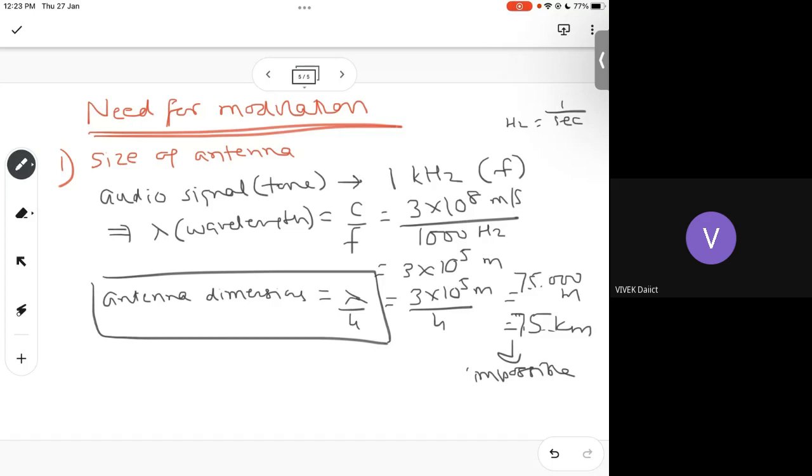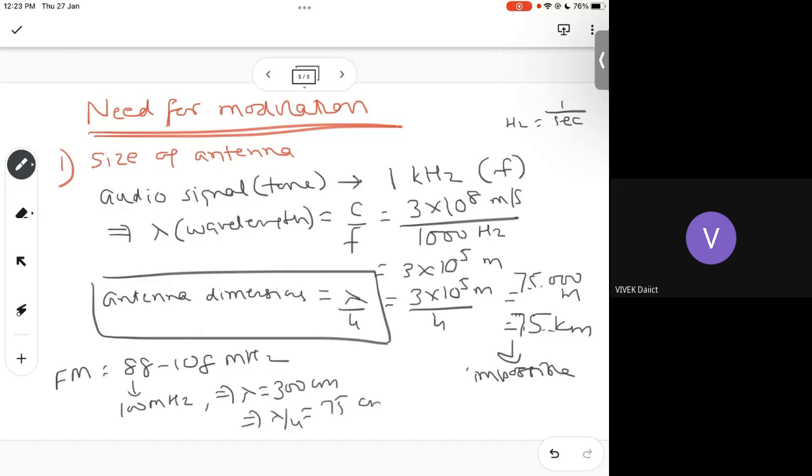Typically, if I take the FM center frequency as 100 megahertz, from 88 to 108 megahertz that we have seen, your lambda becomes 300 centimeter, and lambda by 4 becomes 75 centimeter. And that's why in your car or autos, the FM radios have a wire which stretches up to 75 centimeter, just to give an example.